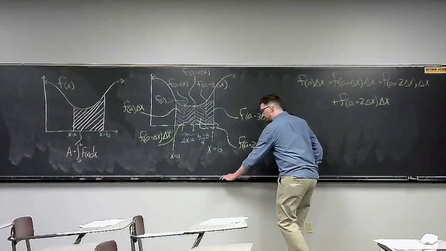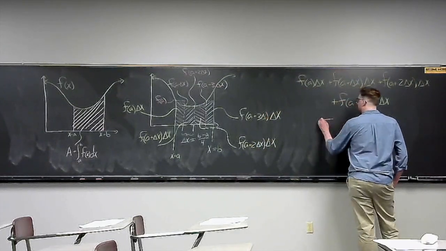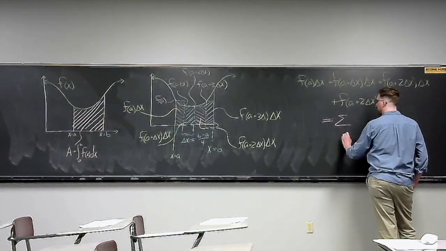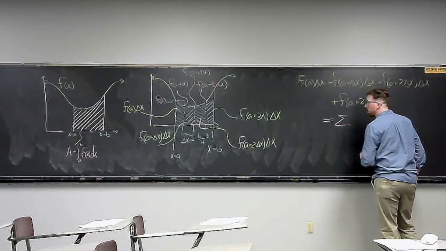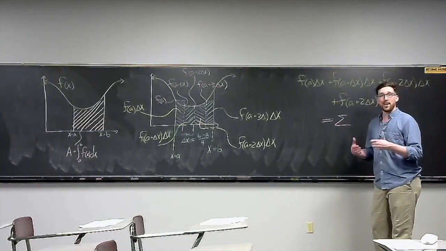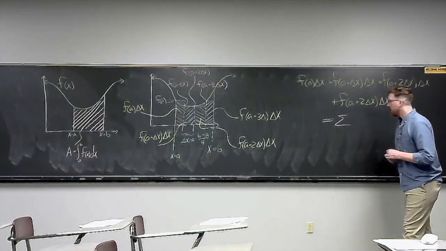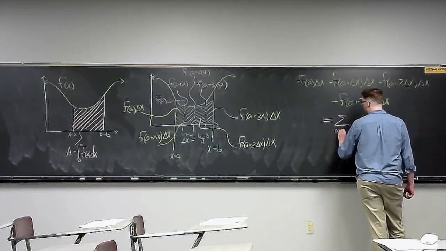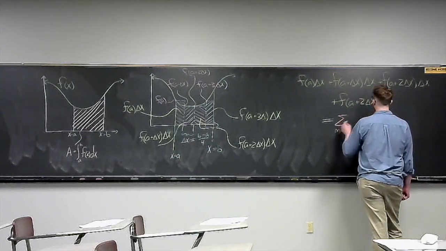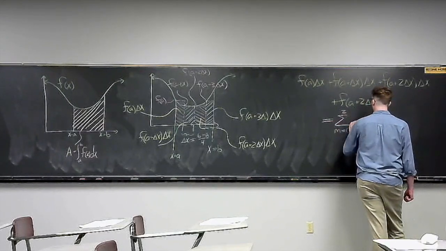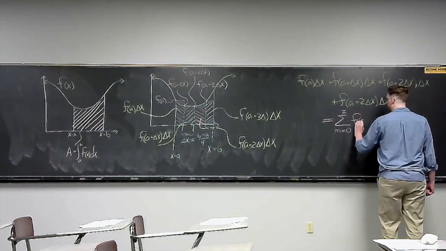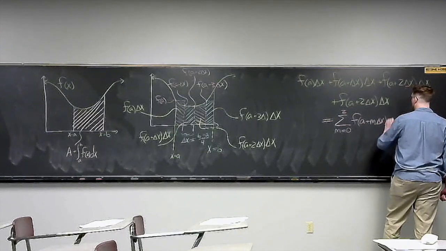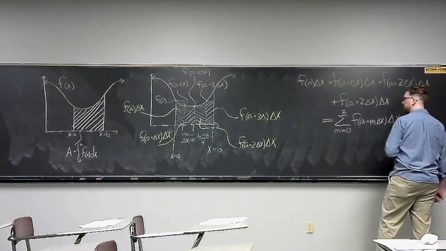So what I mean to say is we could use that series notation to say this is equal to the sum from, I'm going to use a different dummy index. Instead of i, I'm going to use m. From m equal to 0 up to m equal to 3 of f of a plus m times delta x, that quantity times delta x.